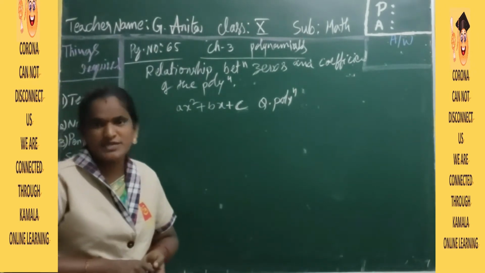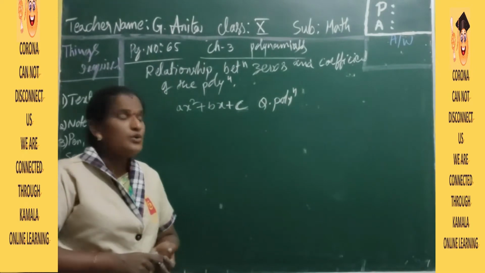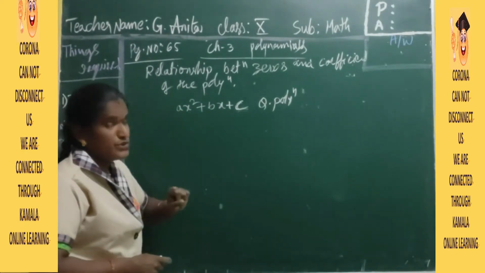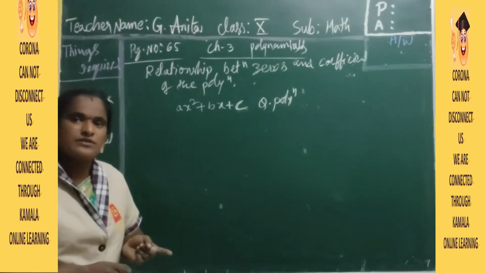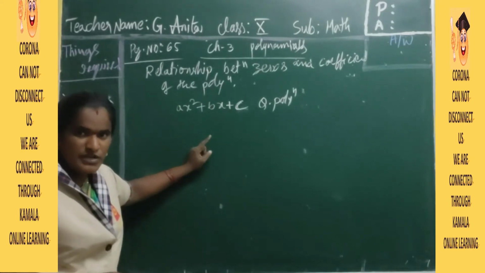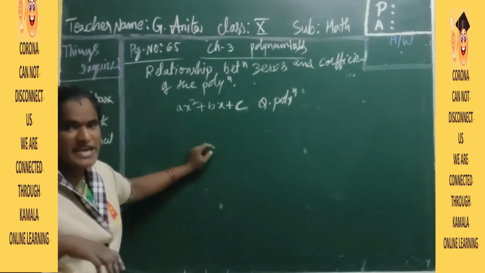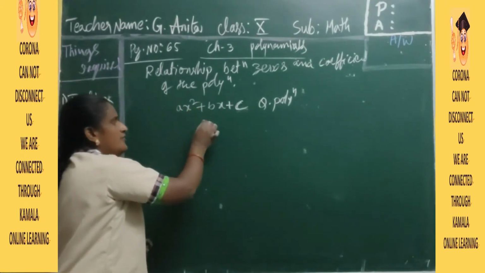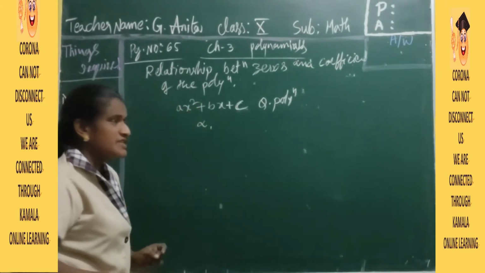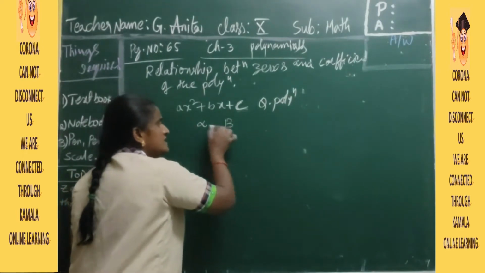We know all these things already. Now, these 2 zeros we represent as follows. It has 2 zeros, yes or not? The 2 zeros are represented as: first zero as alpha and second zero as beta. What are alpha and beta?